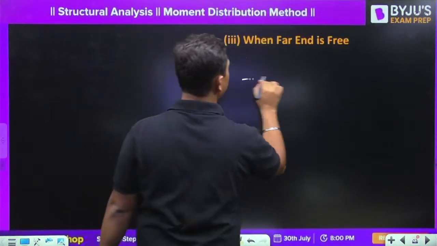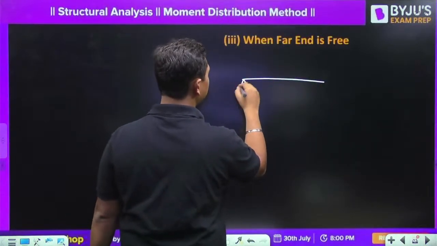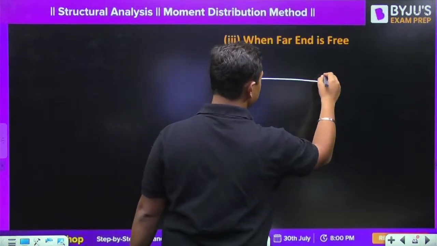In the case of the far end being free, let us take this as a pin. There is a reason behind it.